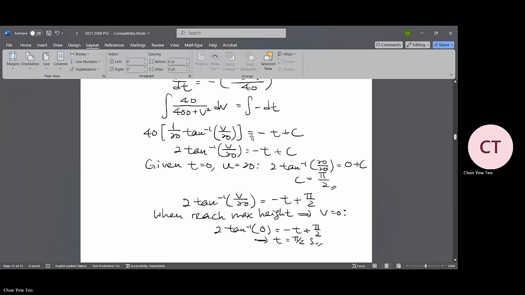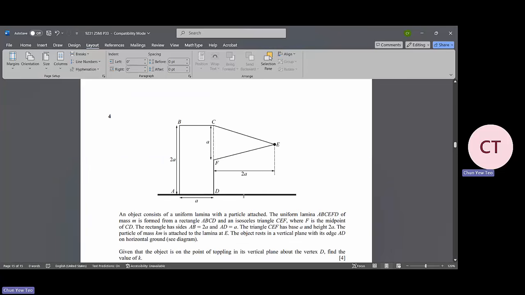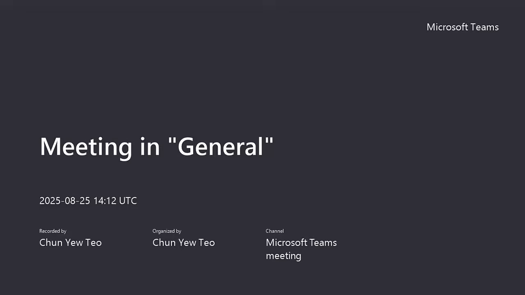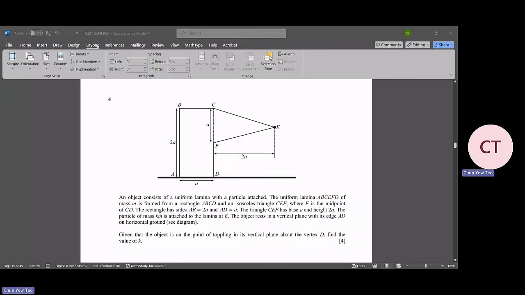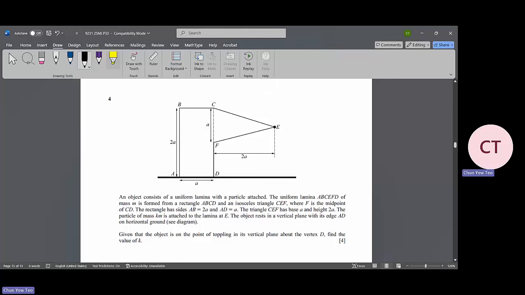Moving on, we have question number 4. The object consists of a uniform lamina with a particle attached.